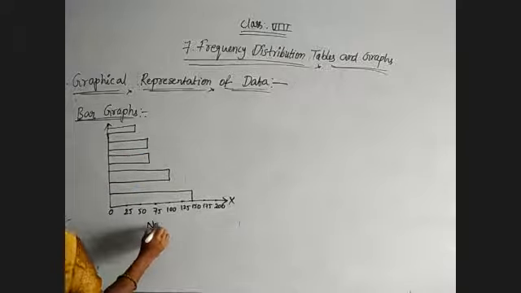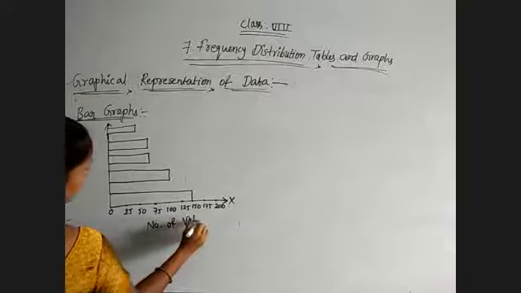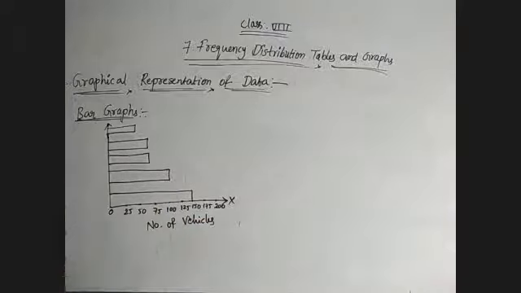Here the number of vehicles is on the x-axis, and on the y-axis it is mentioned which type of vehicle.